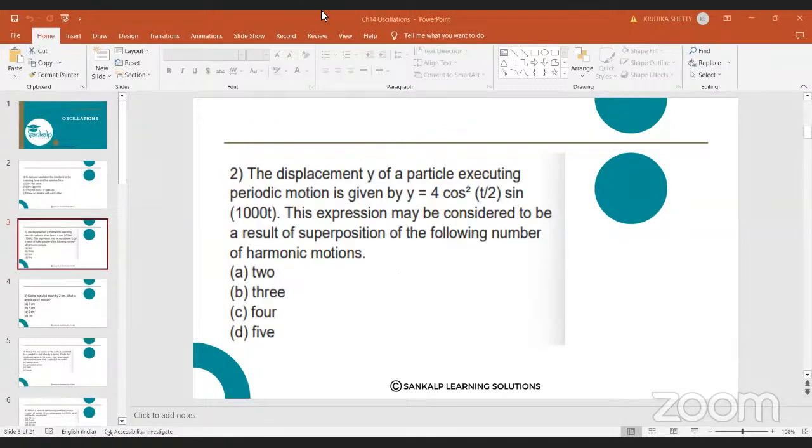That is y is equal to 4 cos square t by 2 into sine of 1000 into t. So I'm writing this 4 as 2 into 2, that is 2 into bracket 2 cos square t by 2 sine of 1000 into t.